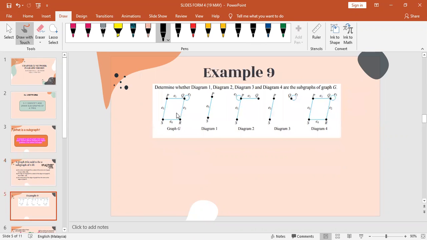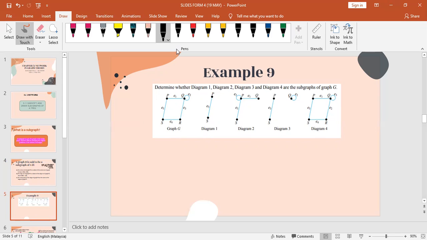Okay, so kat sini nampak tak graph G ni? Ada graph G, ada diagram 1, ada diagram 2, ada diagram 3 and diagram 4. Can you see the graph and the diagrams? Nampak, teacher. Yes, teacher.